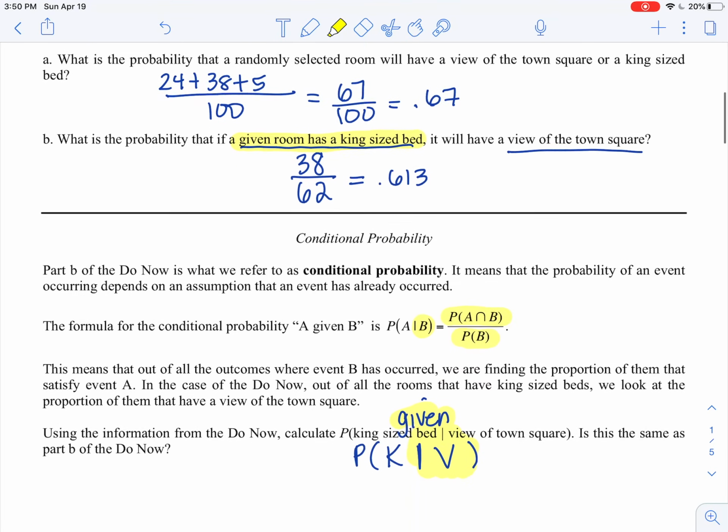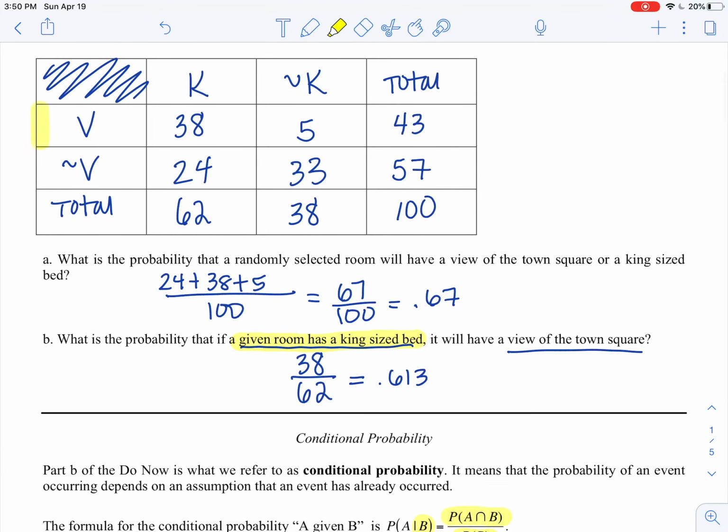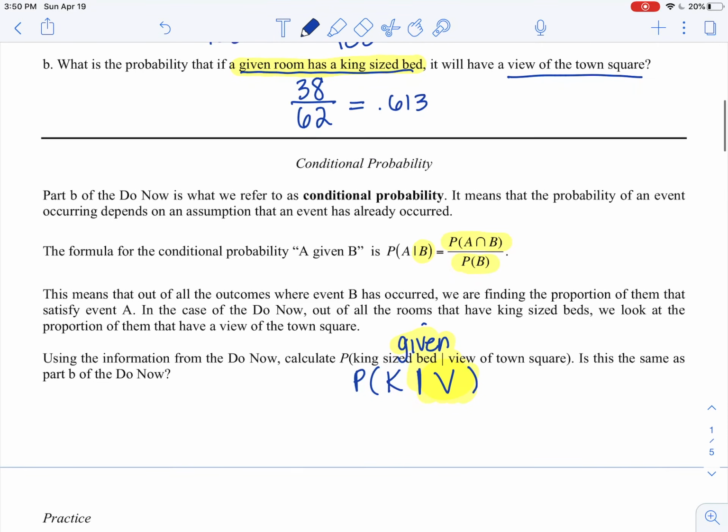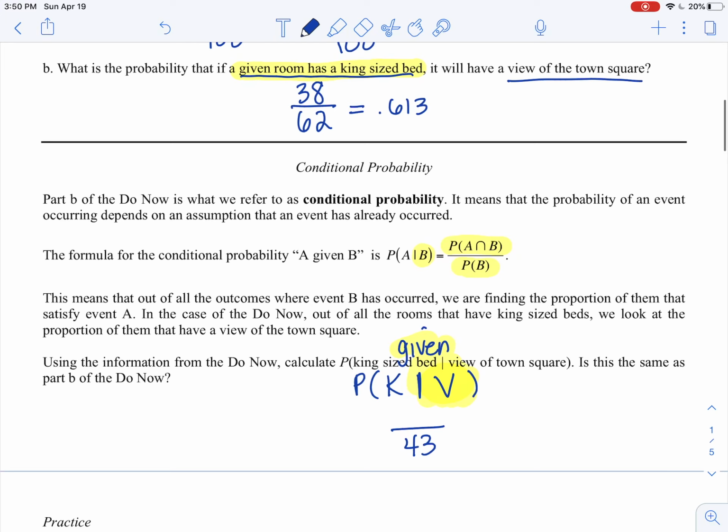Okay, I only want to focus on the V row or column, which is this one right here. There are 43 rooms that I'm focusing on in this situation. Out of those 43 rooms, how many have a king-size bed? 38 of them had a king-size bed. So 38 out of 43 comes out to be 0.884.